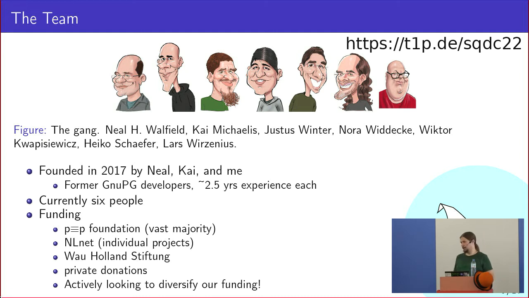And we learned a lot about GnuPG, its internals, the good things and the bad things. Nowadays, we are 6 people, so Kai left to work on coreboot and improving the security of the early boots in data centers. And we are joined by Nora, Victor, Heiko, and Lars. If you have been around long enough, again, you may recognize Lars.